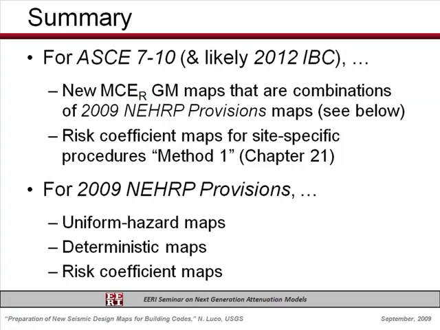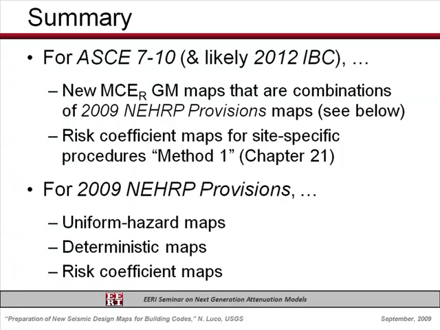So I'll summarize quickly here. For ASCE 7 2010 we've developed new MCE ground motion maps that are a combination of the maps shown in the NEHRP provisions, showing things like risk coefficients, uniform hazard maps and deterministic maps, all put together in ASCE 7 2010 for a new MCE sub R value that can be used directly.